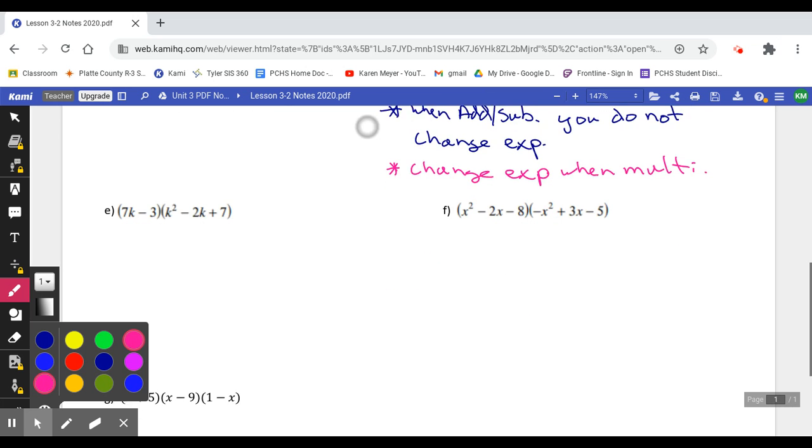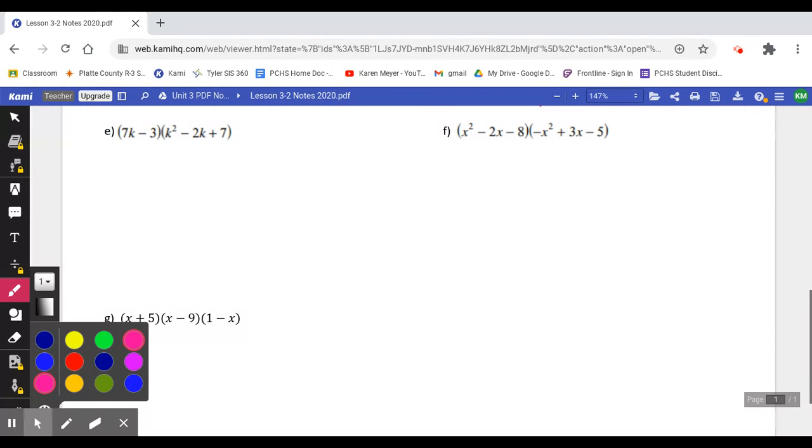Okay, moving on to the next example. This one is still multiplication because there's no add or subtract between the two parentheses. And this time, I'm going to multiply with a box, but instead of making a 2 by 2, I'm going to have a 2 by 3.